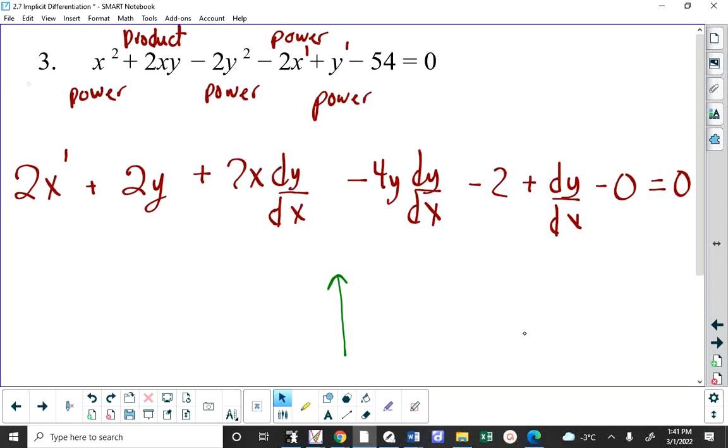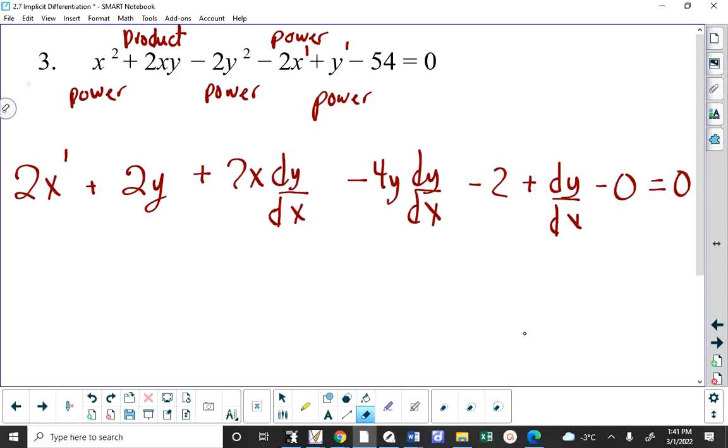You have to move the dy/dx's to one side of this equation and the non-dy/dx's to the other side. And we have 6 terms. As a general rule, I don't want to spend too much time on this. As a general rule, you want to move stuff to the sides that gives you fewer negatives. But I don't think it really matters here.